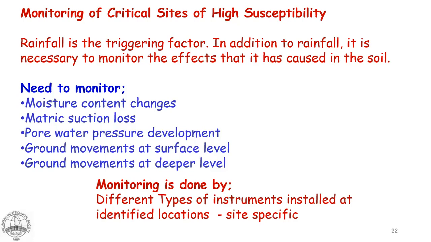With the rainfall event, these changes are happening gradually. Finally, it would lead to a disastrous event if we cannot capture these initial changes early enough.